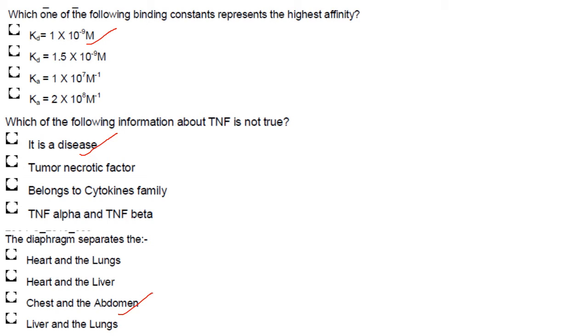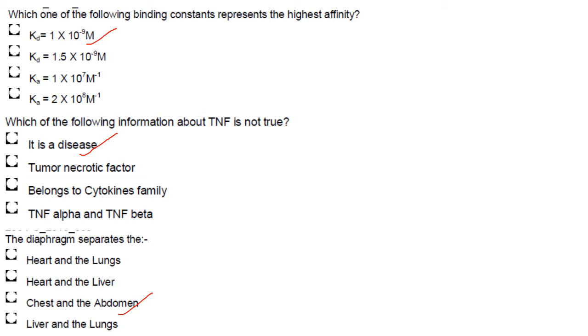And the two members of the TNF family are TNF alpha and TNF beta. TNF is actually a group of cytokines which are mainly secreted by macrophages and can induce cell death of certain tumor cells. So option B, tumor necrotic factor, belongs to the cytokine family, yes. Then TNF alpha and TNF beta. So all the three are correct except the first one, that it is a disease, which is not correct.